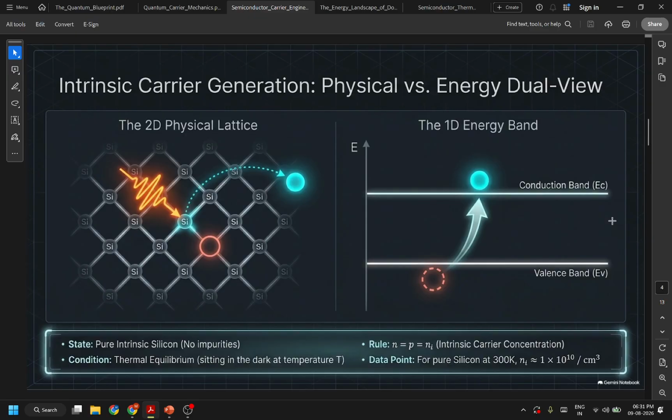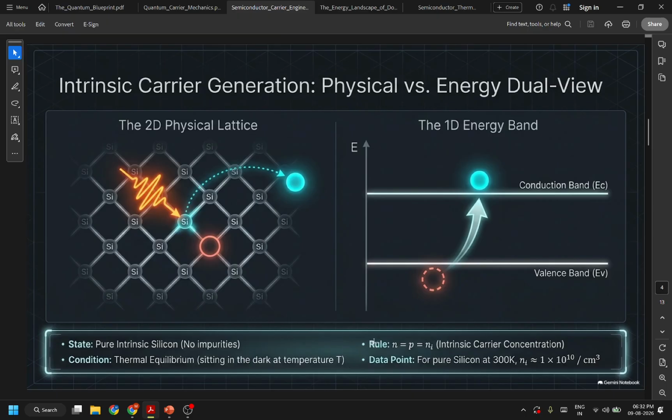Physically, let's say you have pure silicon, or a 2D silicon lattice, you can see here, and it is sitting in the dark at temperature T. What will happen is that an electron from the silicon will get thermally excited, leaving behind a hole, which you can see in the energy band diagram. The electron gets excited from the valence band to the conduction band.